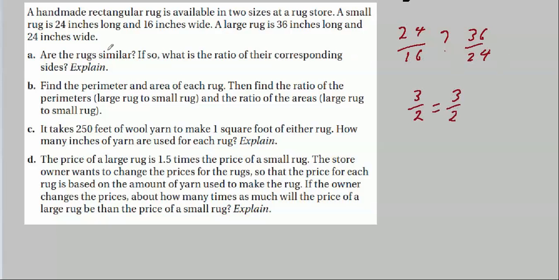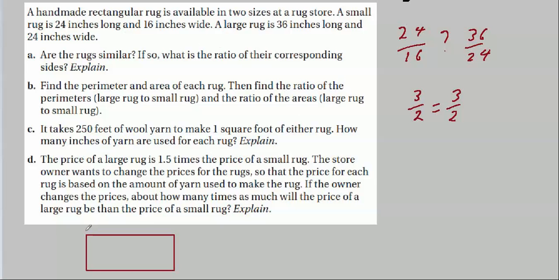The rugs are similar. Now, find the perimeter and area of each rug, and then find the ratios of the perimeters. Well, heck, I think we already know the ratio is going to be 2 to 3. But if they want us to do it the long way, I guess we can do that too. For a rectangle, perimeters are very easy.